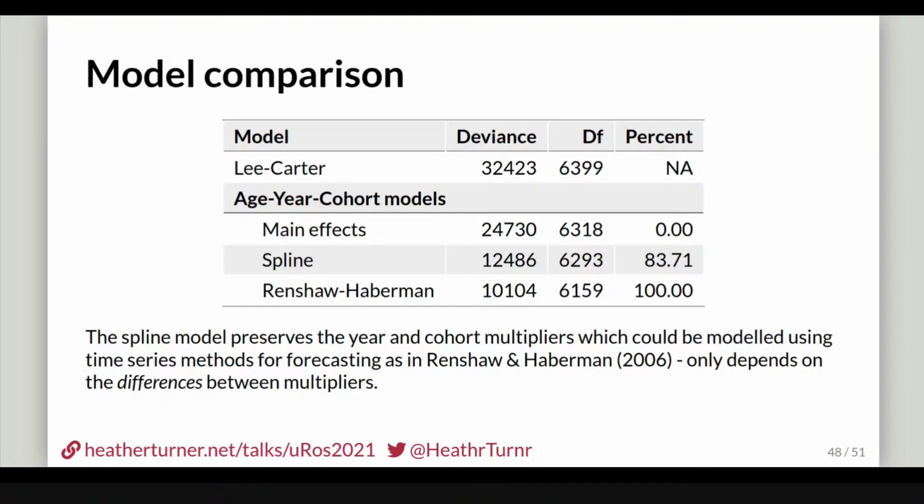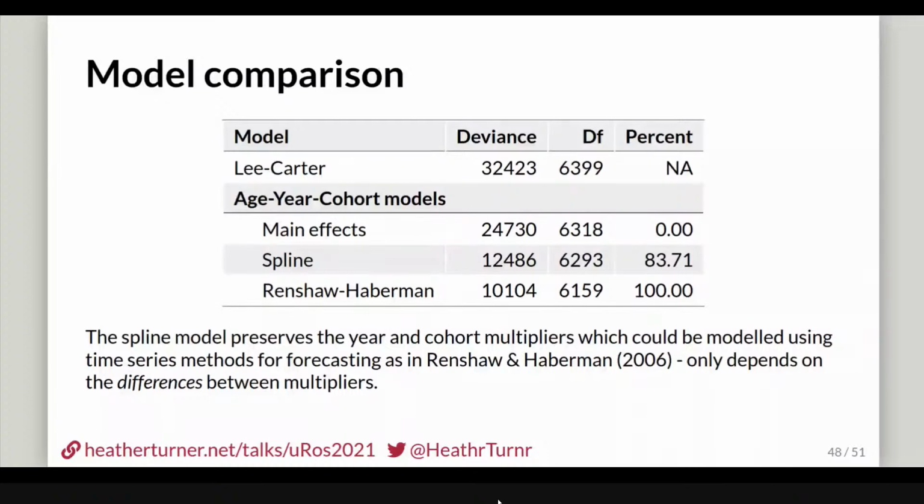So if we take the main effects model as 0 and the Renshaw-Haberman model as 100% in terms of the deviance, then the model with the spline explains nearly 84% of the deviance. So the spline is giving us a very good approximation of the Renshaw-Haberman model, which was quite difficult to fit.